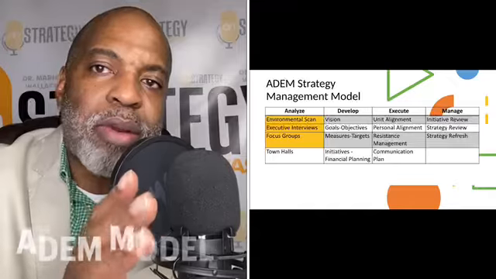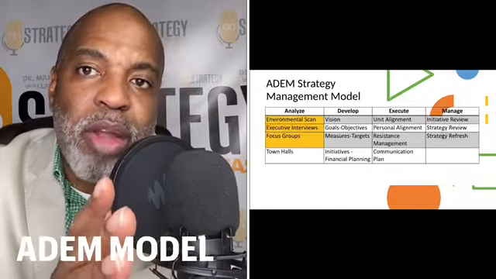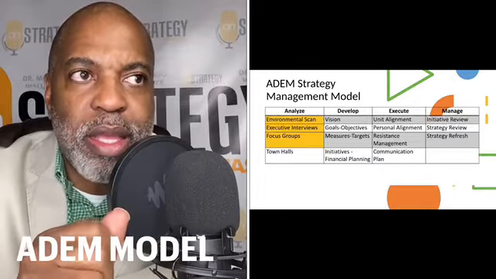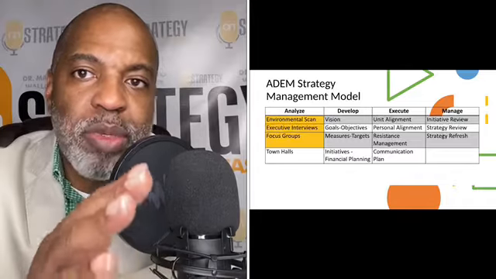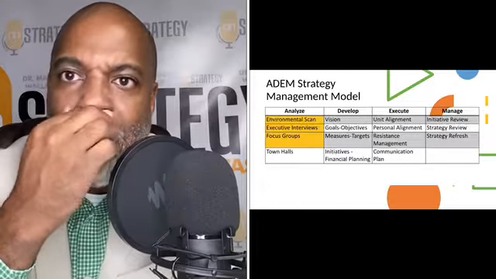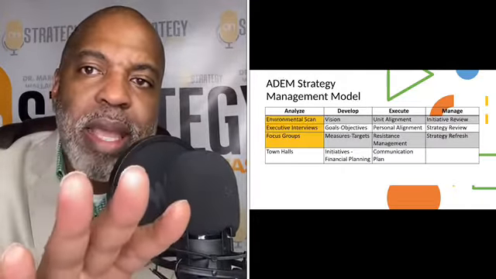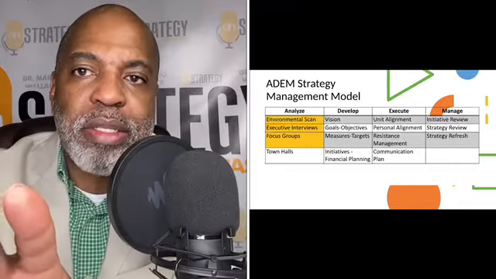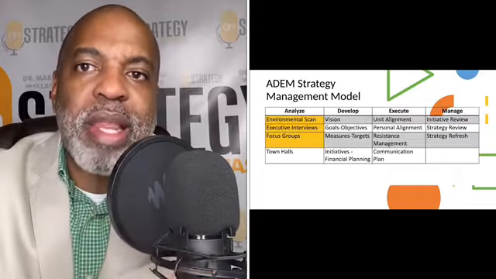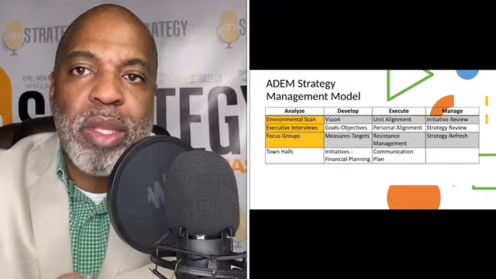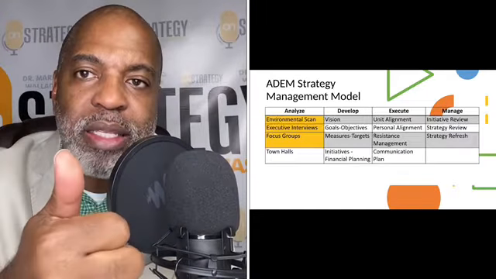The ATOM model, strategy management model, is associated with the emergent theme strategic planning. The ATOM model looks at the full cycle of strategy, so it's considered a strategy management model. It looks at 4 phases.